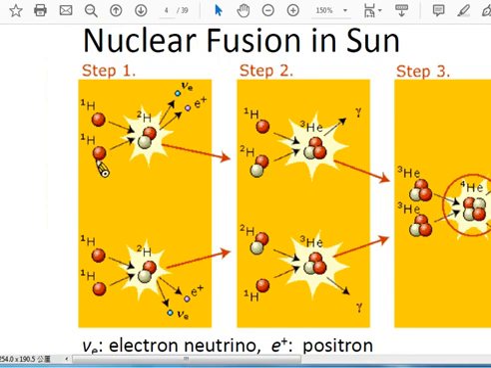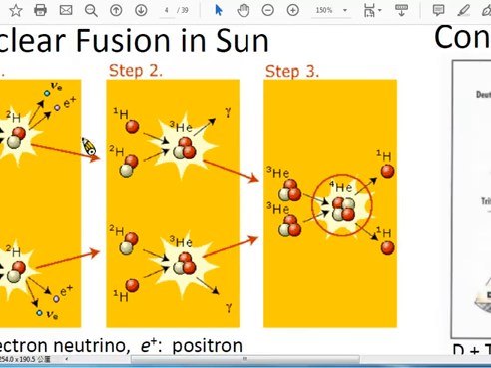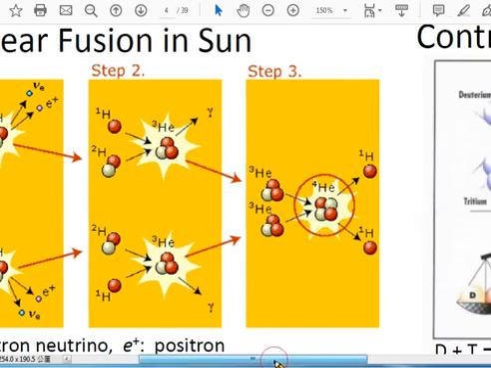So two protons collide to form a deuterium, and one proton and one deuterium collide and fuse together to form a tritium. And if this process keeps going, the tritium collide together, they might form a helium atom.